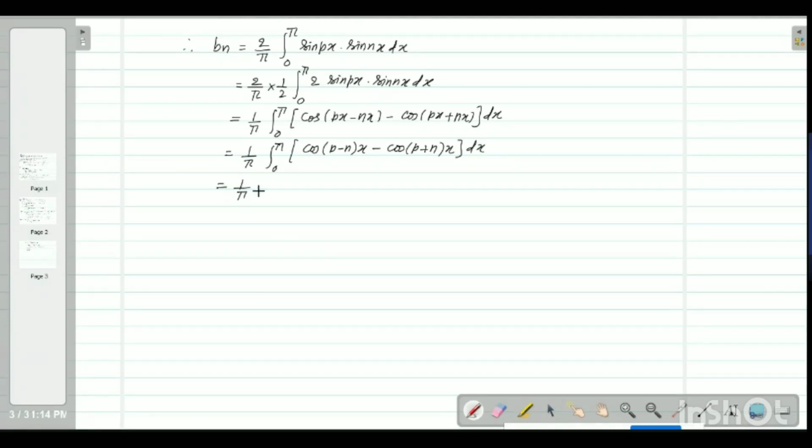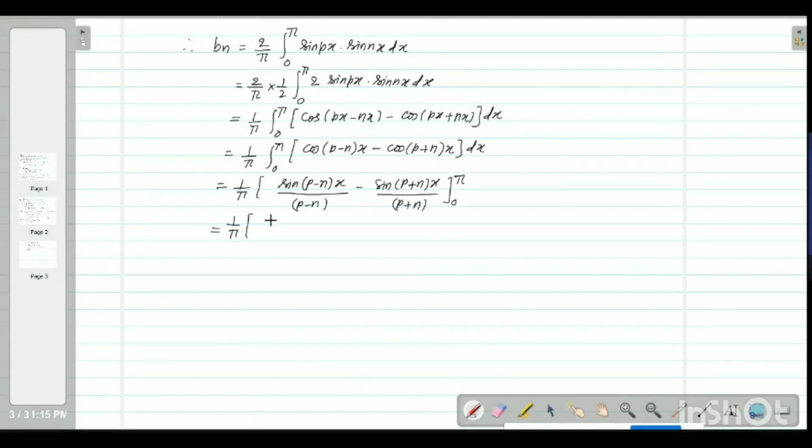Integration of cos is sine, so sine of p minus n x divided by its coefficient p minus n, and minus integration of cos, which is sine of p plus n x divided by its coefficient p plus n. Now providing limit 0 to pi.